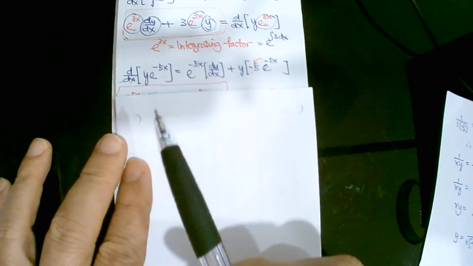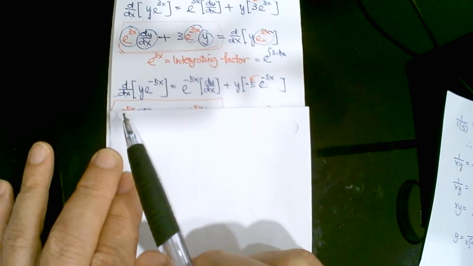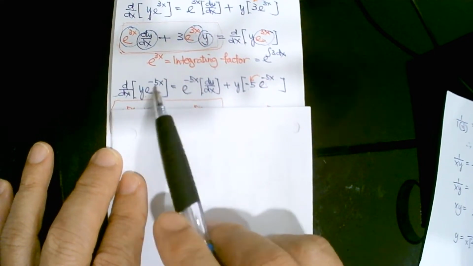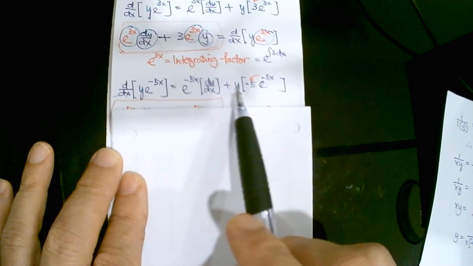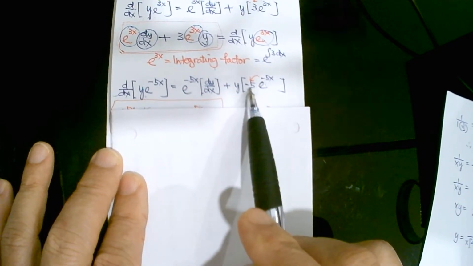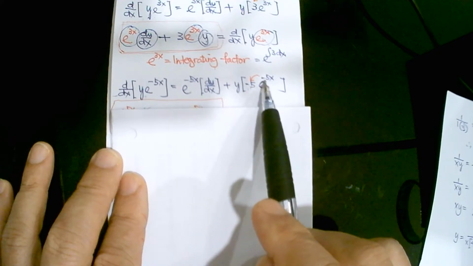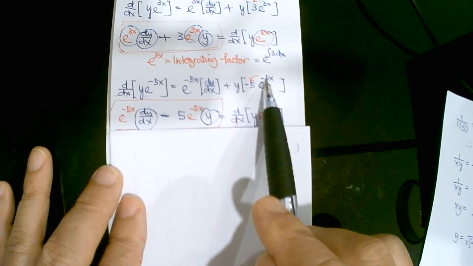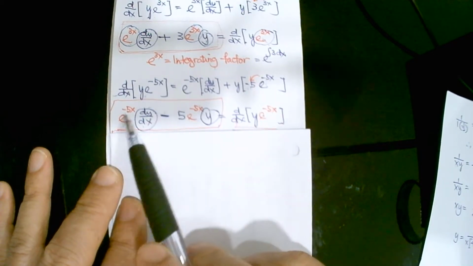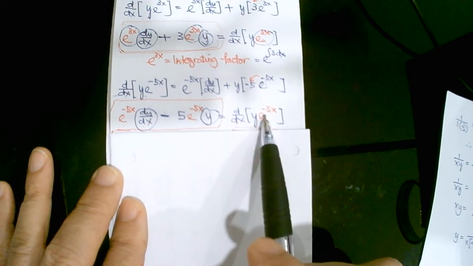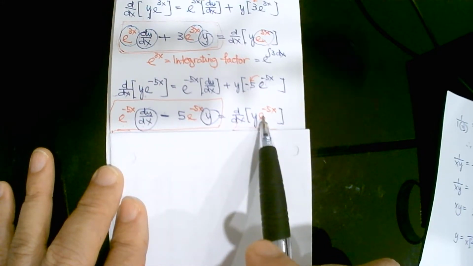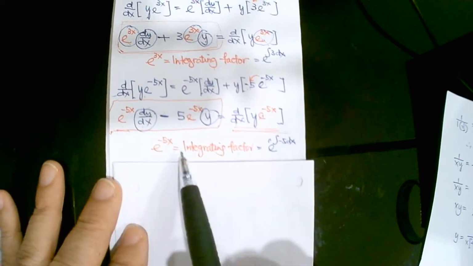Now you look at the second one. When I differentiate this, I have e^(-5x) dy/dx, then y, and then differentiating the exponent, I get negative 5. Where does the negative 5 come from? It comes from differentiating the exponent. So I rewrite this with e^(-5x) in red to show you this is the factor, and this is called the integrating factor.